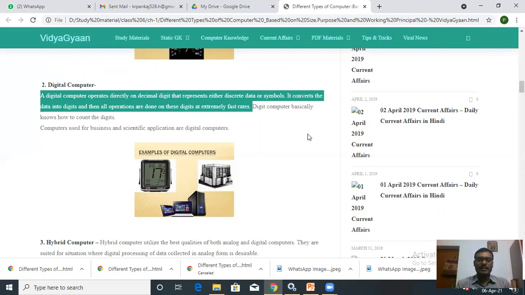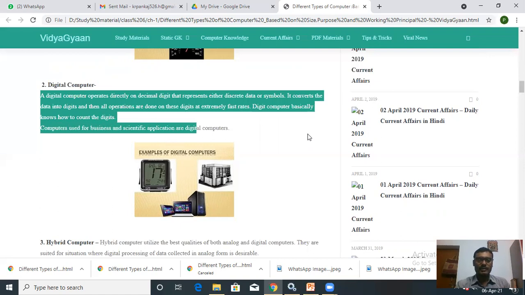Digital computers basically know how to count the digits. Now, computers used for business and scientific applications are digital computers, and the computers which you use at your home, laptop, computer, or tablet, are examples of digital computers.